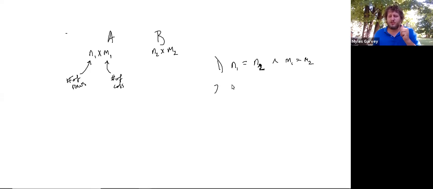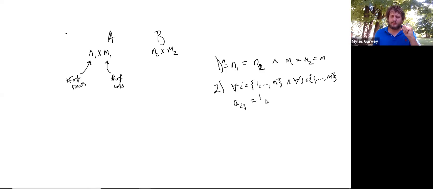The second condition is that for all rows and for all columns, which I'm just using N to represent N1 and N2 since they need to be equal, M likewise. For all rows and columns, the element Aij needs to be equal to the element Bij.